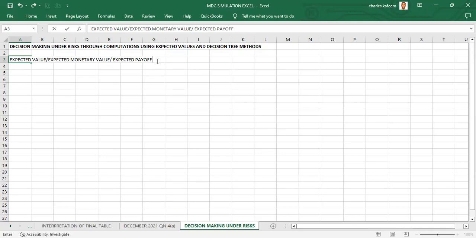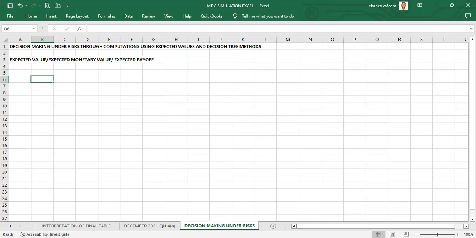So it is what we are going to be looking at. We are not going to repeat the formula here because we said we get the probabilities, we get the payoffs or the outcomes that we are going to get for every item, and we multiply by their corresponding probabilities. And that's what we are going to be doing.